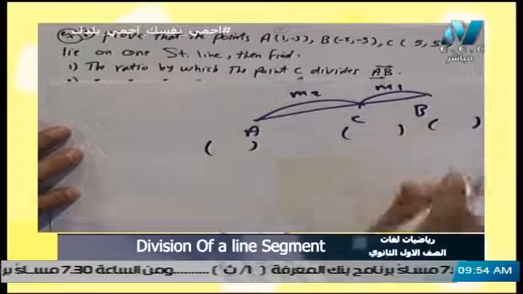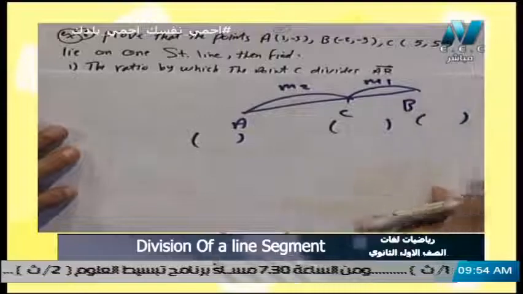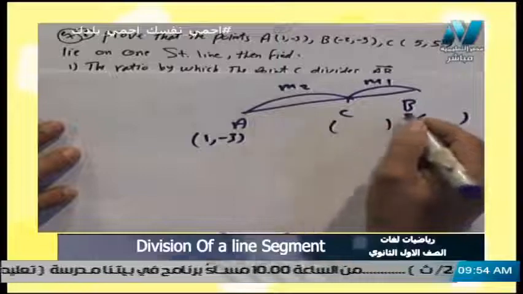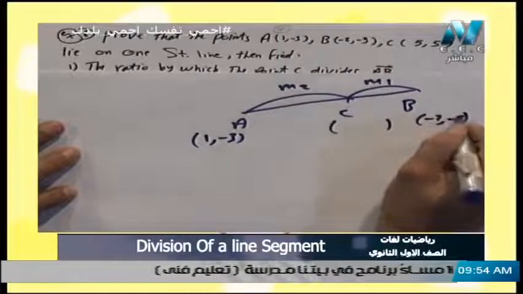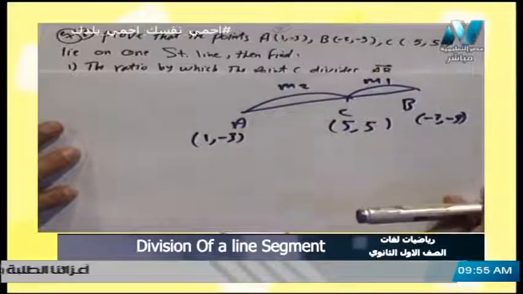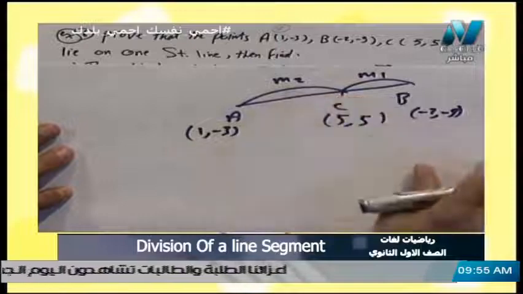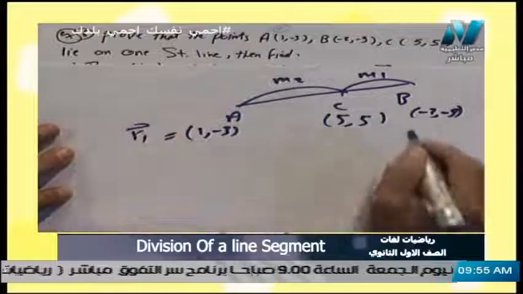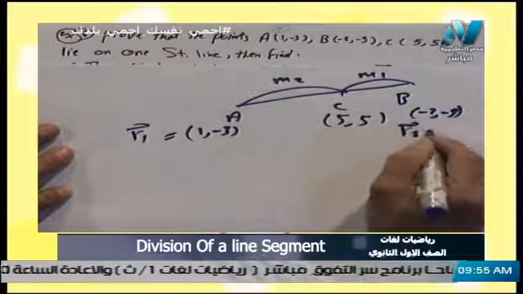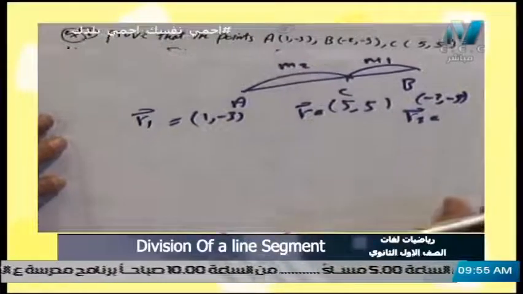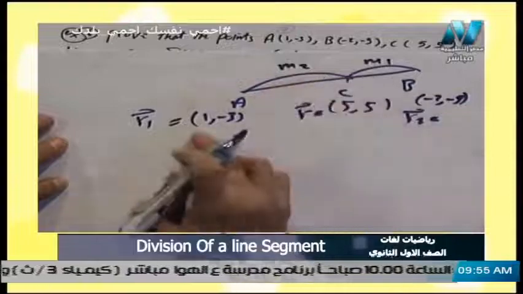We have A, C and B. We have A as 1 and negative 3, B is negative 2 and negative 9, C is 5 and 5. Already we have C, so we are not concerned about C, we are concerned about M1 and M2. So here A is R1 and B is R2 and C is R, and the unknown is M1 and M2 because he asked us to find the ratio.